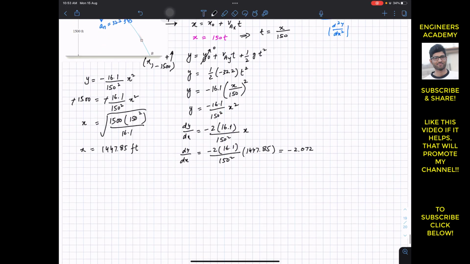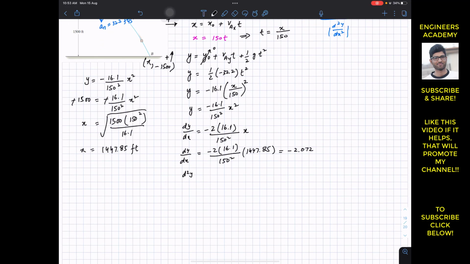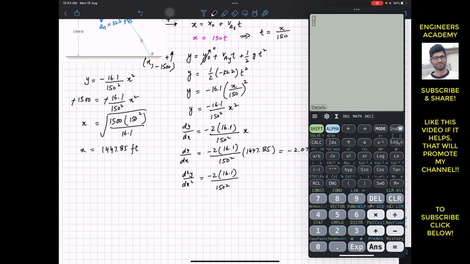Now if we take one another derivative of this equation, we will be able to find d square y by dx square. So d square y by dx square will be equal to this constant, right? So that is minus 2 into 16.1 divided by 150 squared.